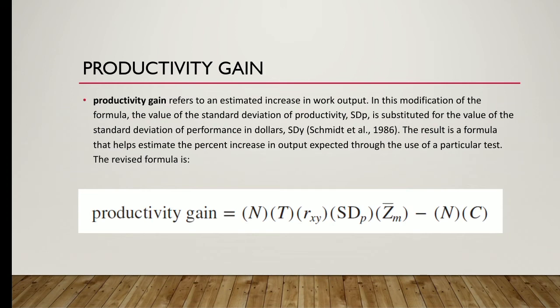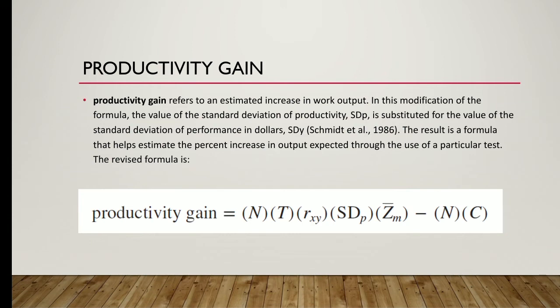The revised formula is productivity gain equals N times T times r subscript xy times SD subscript p times Z subscript m minus N times C.